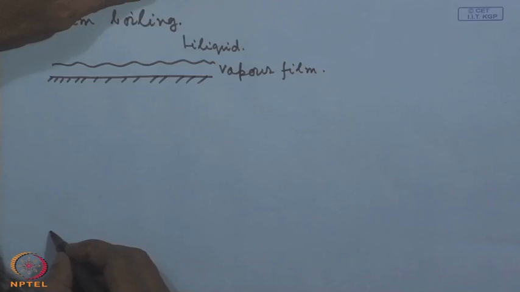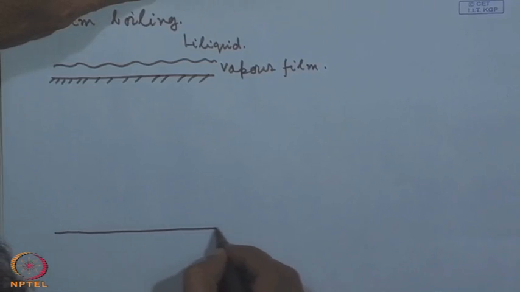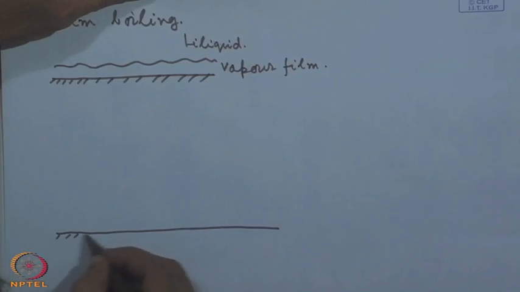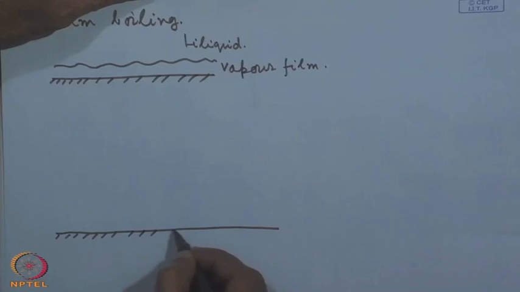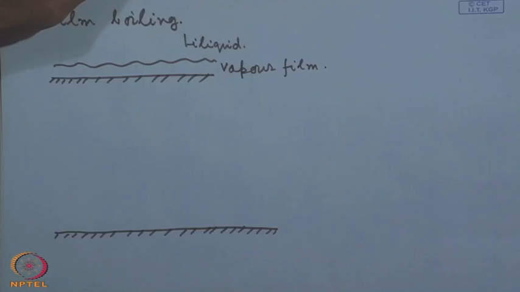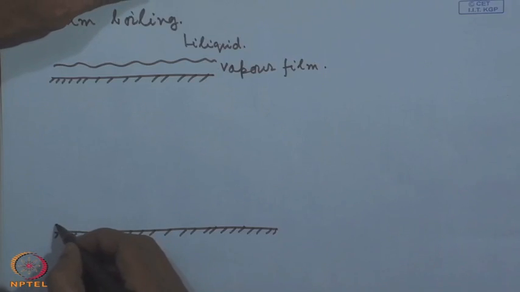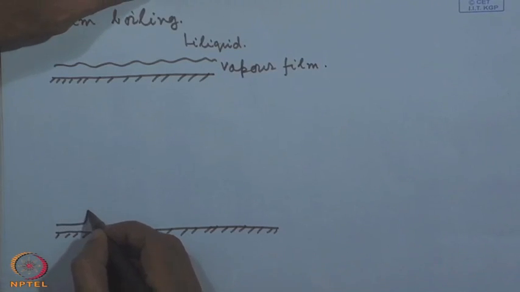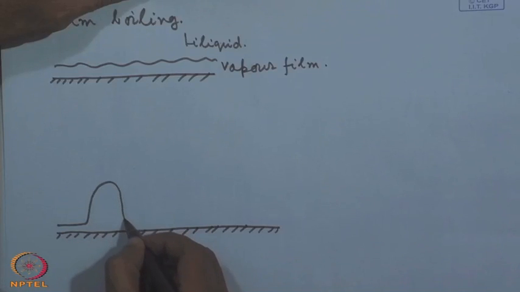So, let us consider the film boiling over a horizontal surface. If the surface is wide enough, that means theoretically it extends up to infinity both along the x and y direction, one can expect to see this kind of a pattern.